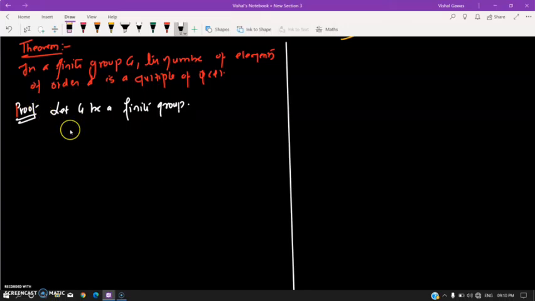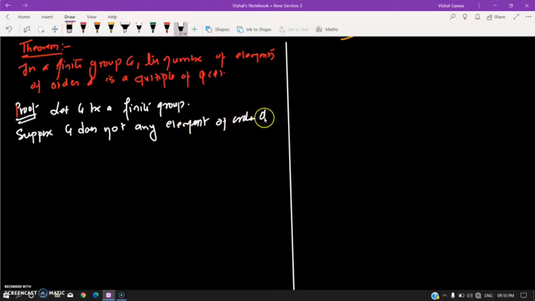The very first case is, suppose G does not have any element of order D. Then the result is true, as phi of D would divide 0, right?